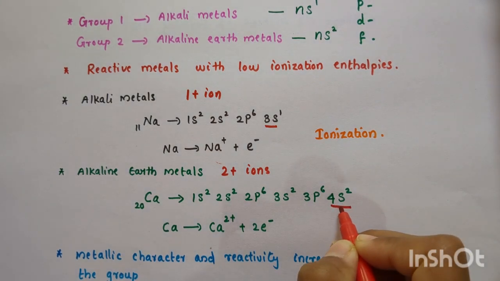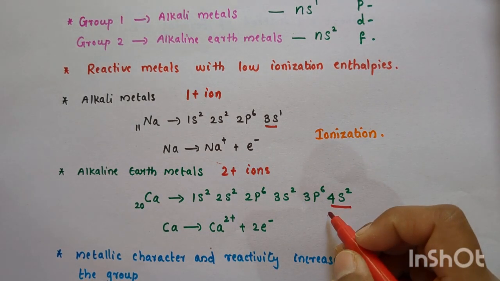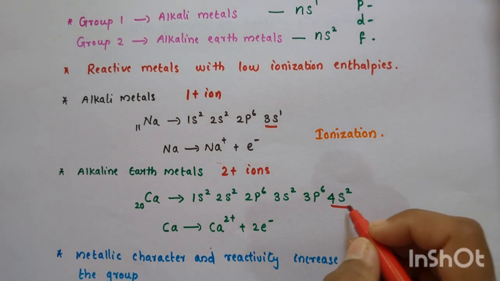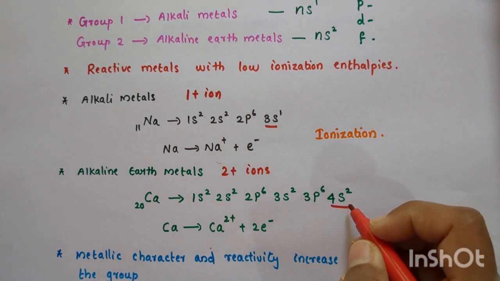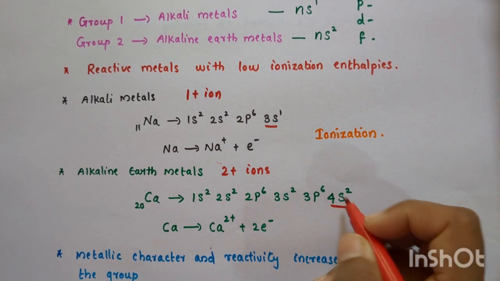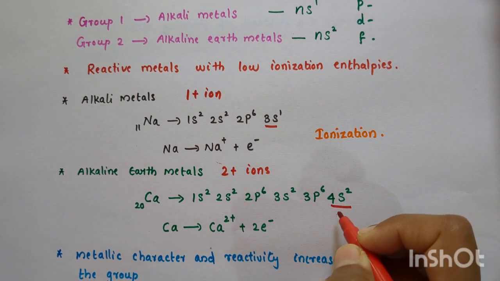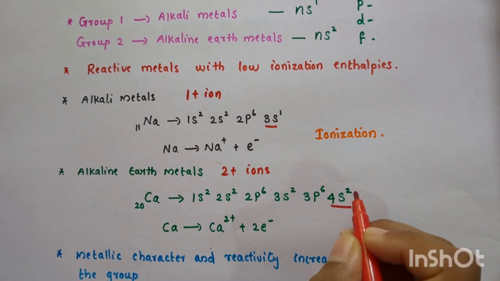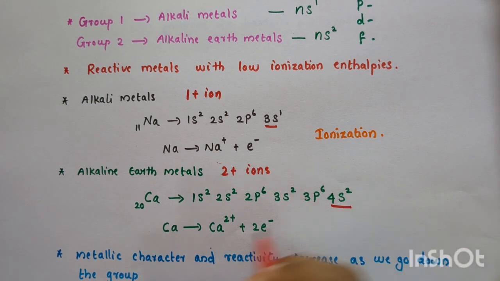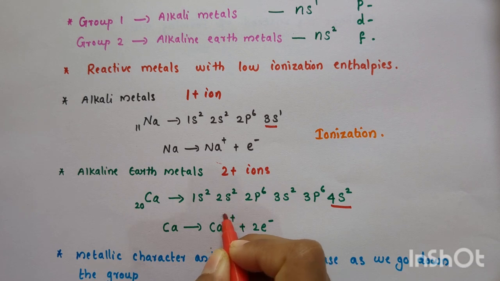Now we have 4s2, which is also completely filled, but the outermost shell has 2 electrons only, because the principal quantum number is different here, 4. So when calcium loses 2 electrons, it becomes a calcium ion, that is, Ca2 plus ion.